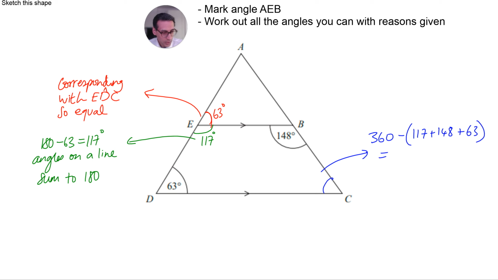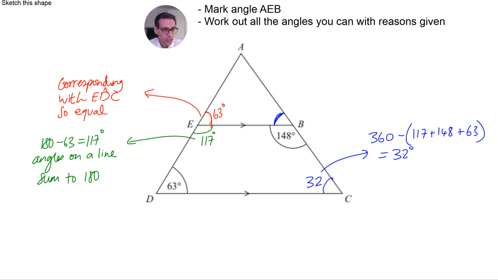We'll add it up. So that will give you 360 minus all of that, which is going to give you 32 degrees. So that's 32. Now we also know that this 32-degree angle is also equal to this. And that makes sense because they are corresponding.